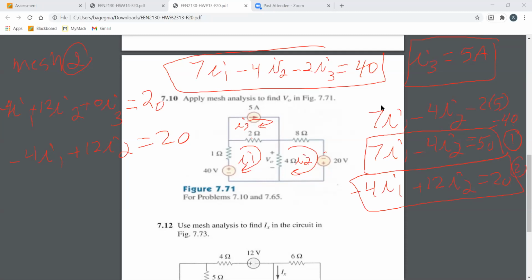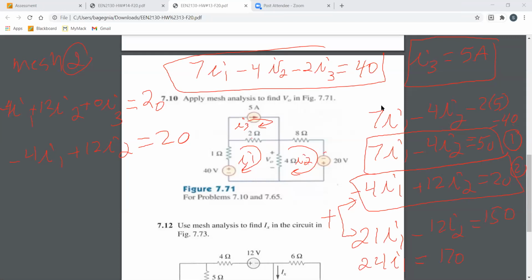If I multiply equation 1 by 3, we'll get 21 I1 minus 12 I2 equal to 150. And then add these two here. So 4 plus 21 is 24 I1, plus 12, negative 12, they go away. 20 plus 150, 170.